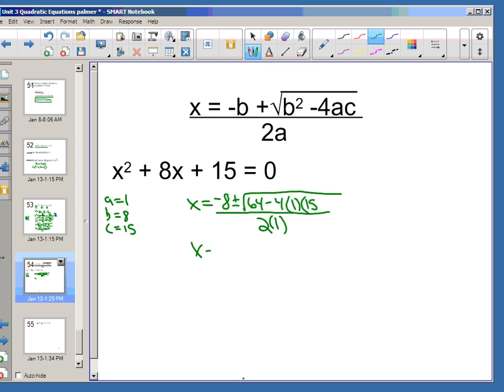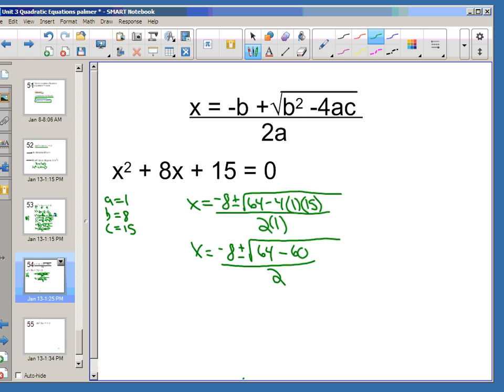So x is equal to negative 8 plus or minus, now here's where you have to be careful, 64 then minus 4 times 1 times 15. Sometimes if there's another negative in here somewhere, you're going to have a positive here. But that becomes 64 minus 60 all over 2.